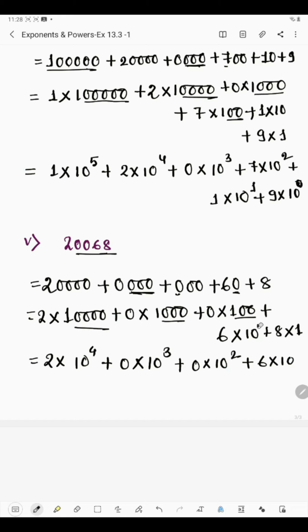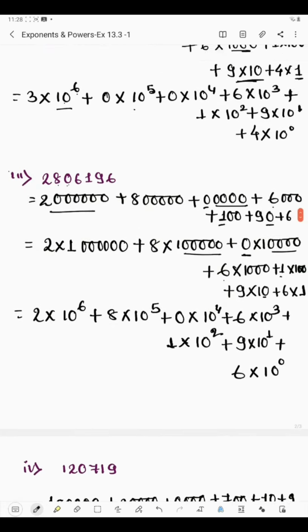Okay, here only 10 was there, so we'll write 10 to the power 1, and 8 into, in place of 1 we will write 10 to the power 0, because anything to the power 0 is 1. So in place of 1 we can write this way, to make this pattern. Okay, 10 to the power 4, 10 to the power 3, 10 to the power 2, 10 to the power 1 and 10 to the power 0. Okay, so this was the last part of question number 1. Thank you, students.